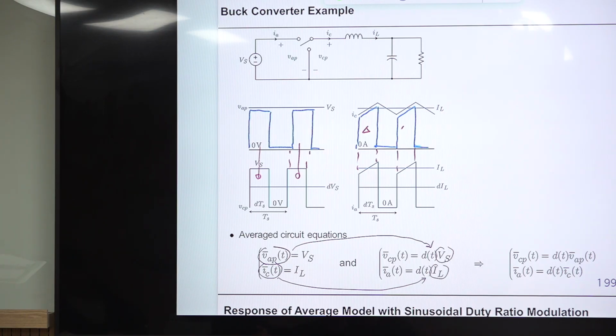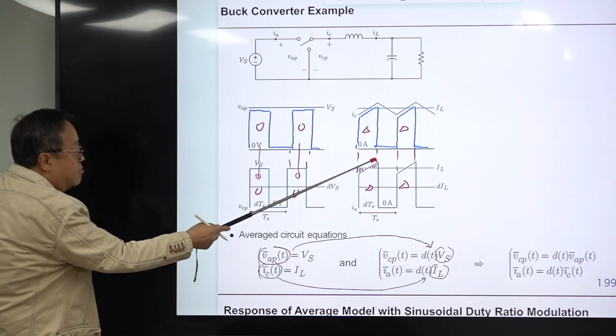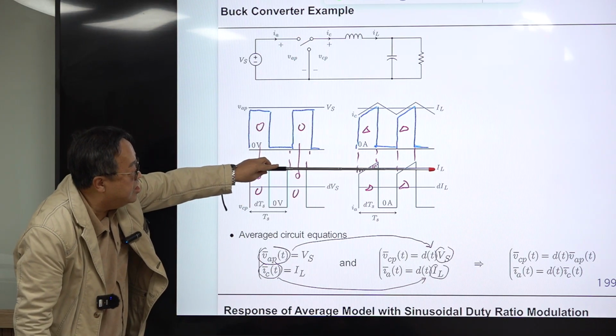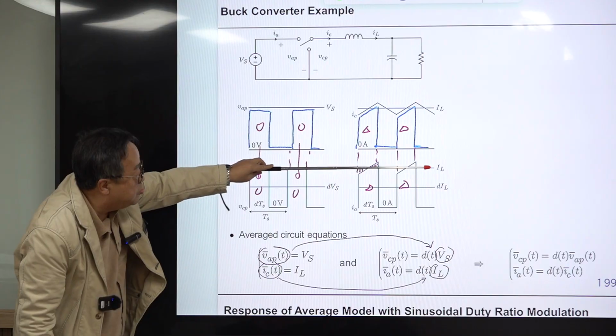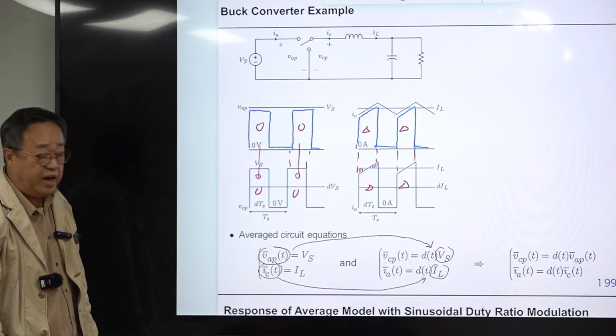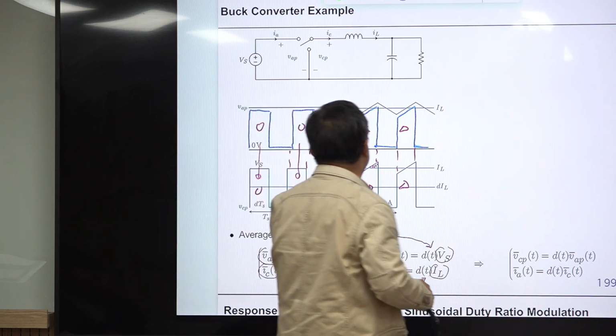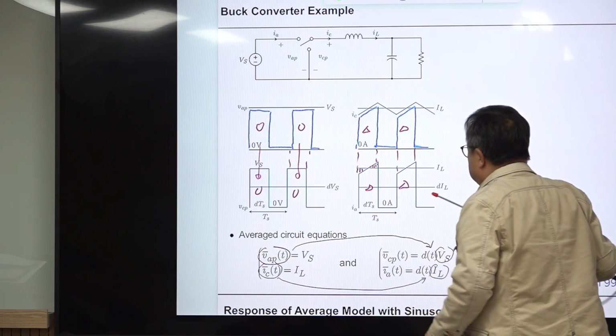Then this part is shifted to here, and this part is shifted to here. This is the same, so you cut this and move to here, then you have this. This is IL. This is the DC value of this one, which is the average value of the IL, and this is the average value of this one. This is IA, is DIA.